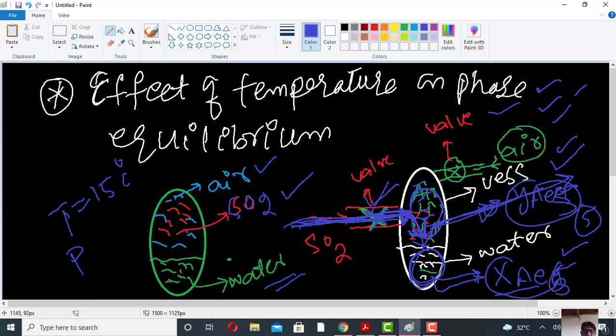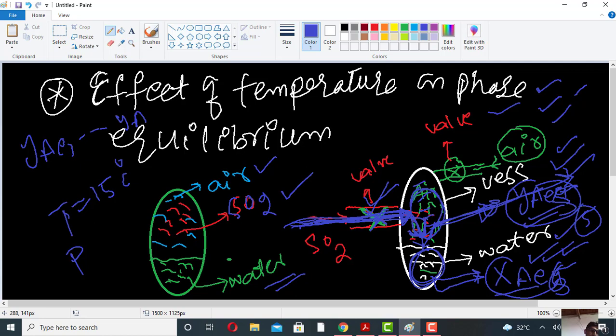So we obtained various equilibrium points. Then we plot a graph from these equilibrium points: YaE1, YaE2, YaE3, YaE4, YaE5, YaE6, and XaE1 up to XaE6.